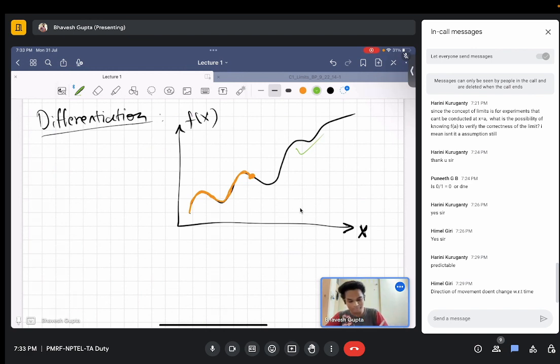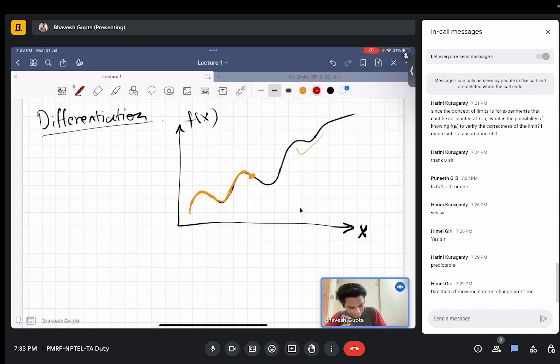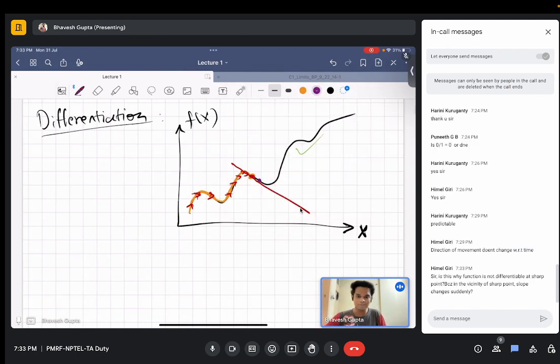How? Let me tell you. When you were tracing out this trajectory, every time you did the measurement you were calculating the slopes. You were recording the slopes, and since you know this point and also the slope at this point, you can estimate this point as well.